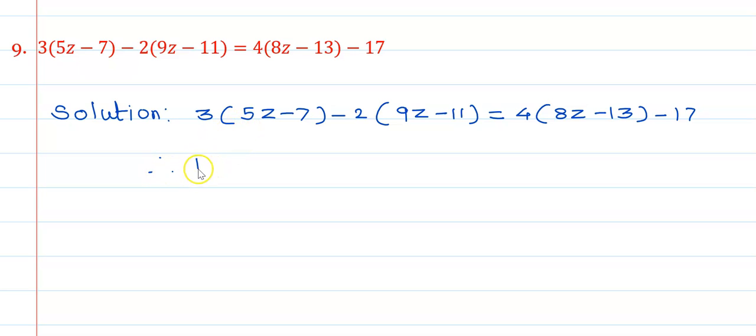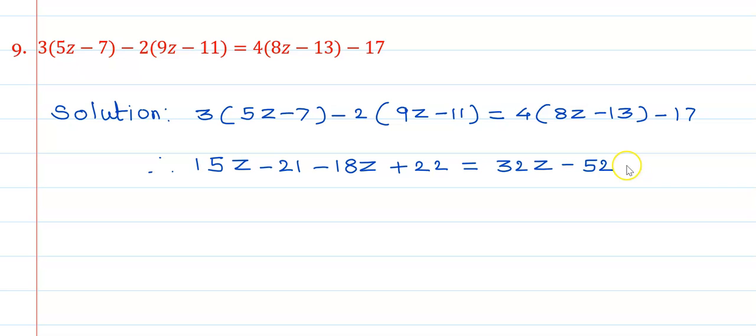3 into 5z, you will get 15z. 3 into 7, 21. 2 into 9z, minus 18z, minus 2 into minus 11, plus 22. 8 into 4, 32z. 4 into 13, 52, and minus 17. Now we collect the terms of variables.